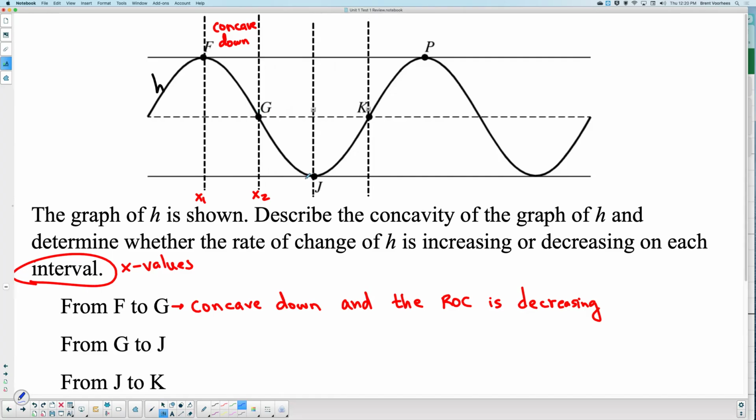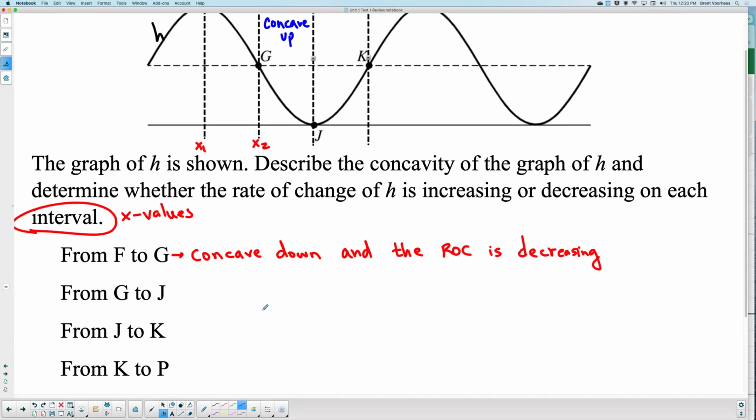From G to J. How would you put your hand on that? Right side up. What does that mean about its concavity? It's concave up. And if you are concave up, what does that mean about the rate of change? Increasing. So we are concave up. And the rate of change is increasing.